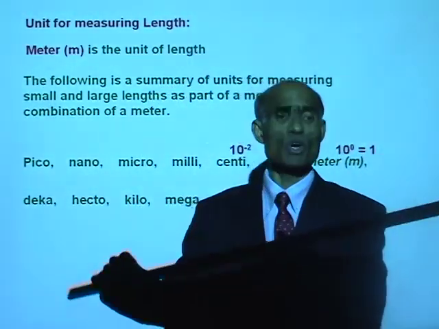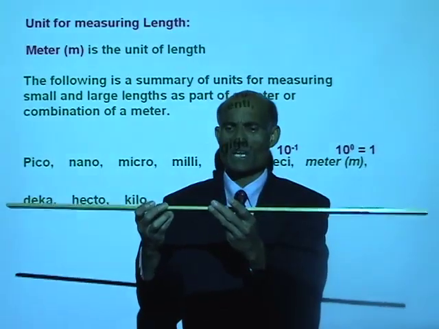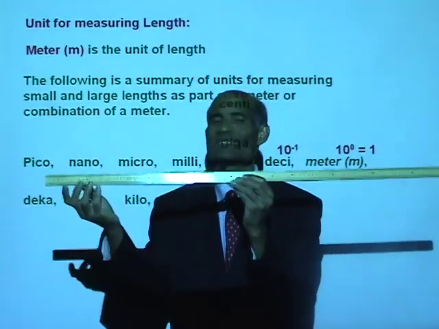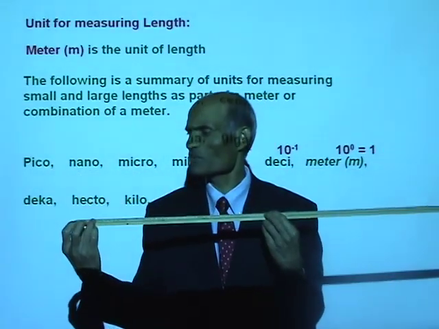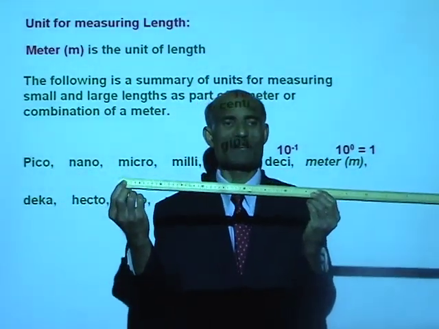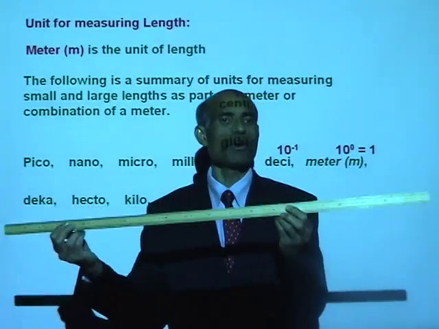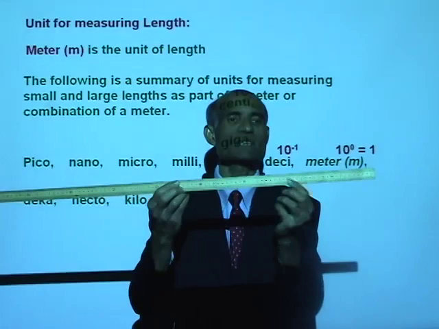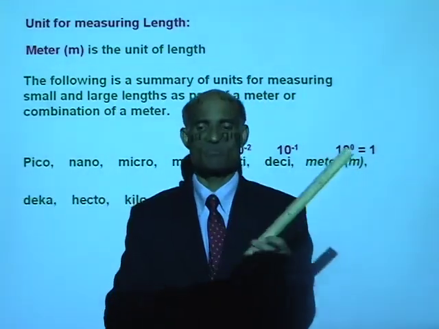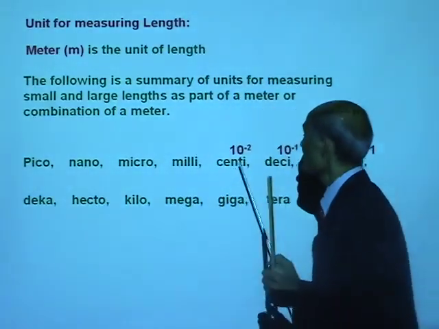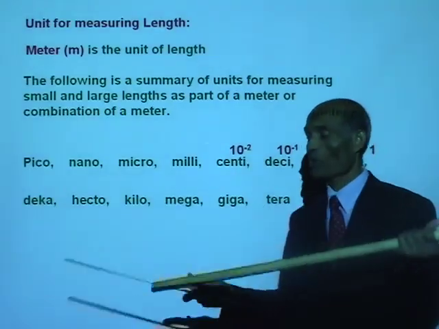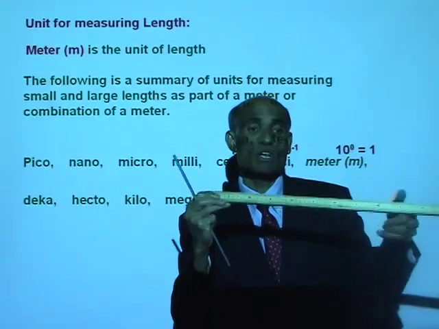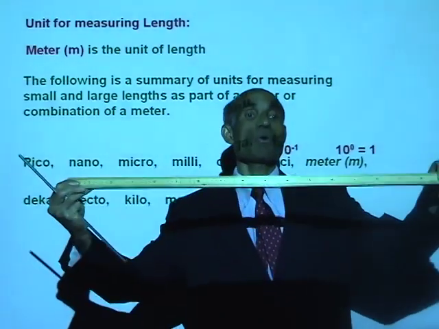If you look at the ruler, you can see it is marked in centimeters. It starts from 0, 1, 2, 3, 4, all the way to 100. There are 100 centimeters marked on this meter rule. So 1 centimeter is a 100th of the whole meter.